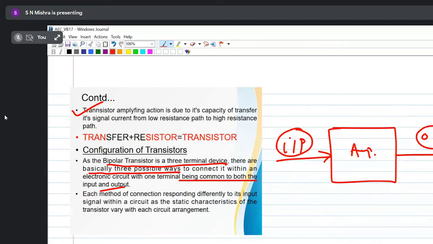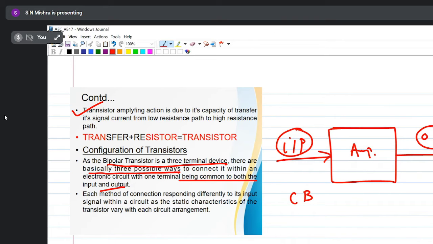Now inside the amplifier, how the transistor will be connected, whether it is connected in common base mode, common emitter mode, or common collector mode, different configurations are there. So how can you identify them? There are three configurations.